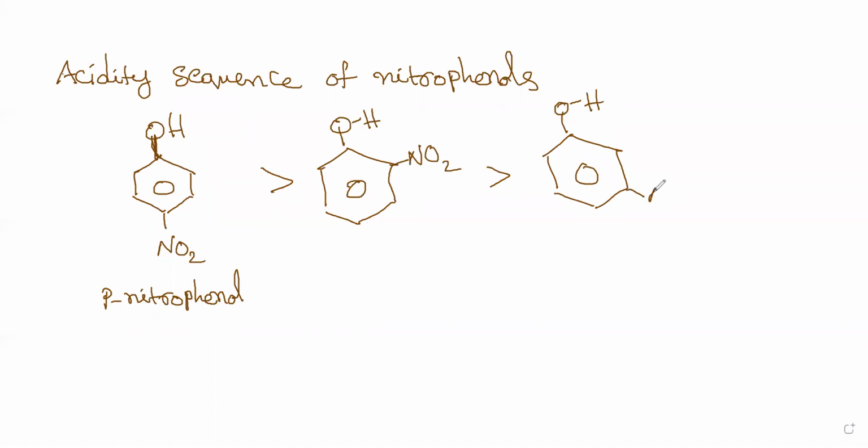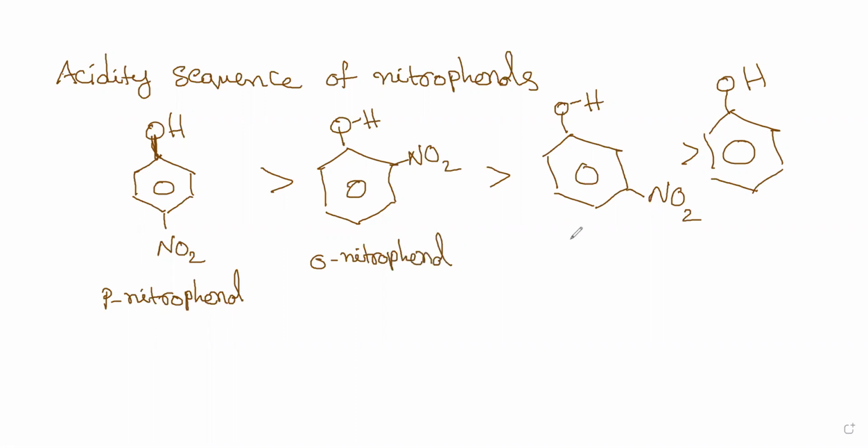Of course, they are more acidic than phenol, definitely. So the acidity sequence is para-nitrophenol, ortho-nitrophenol, meta-nitrophenol, and then phenol.